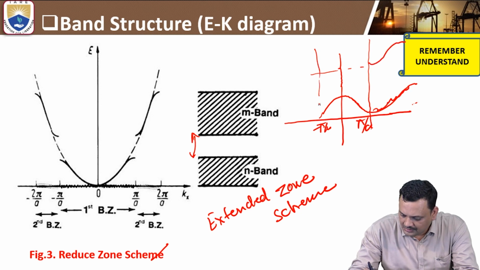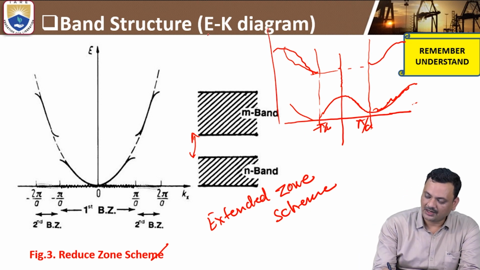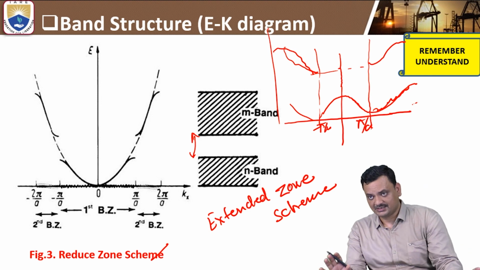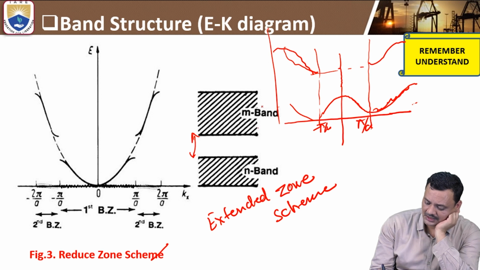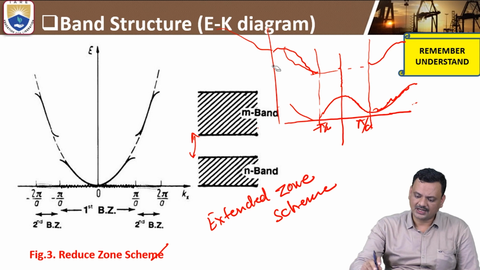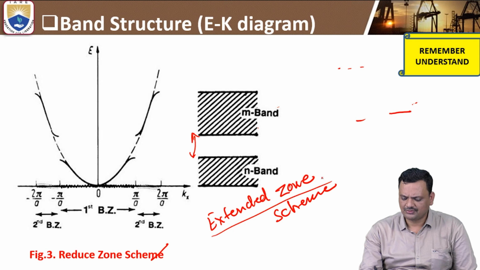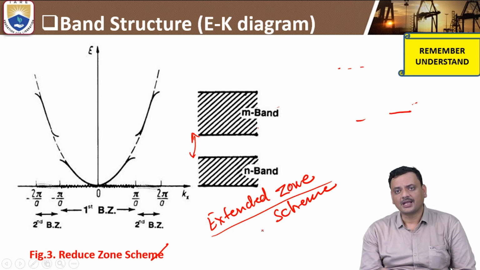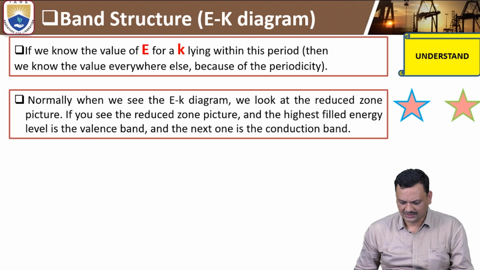Similarly for the third allowed energy eigenstates region, whatever you are getting here, you have to plot it here. So this is your extended zone scheme. But it is also not very useful in governing the optoelectronic properties or for optoelectronic application.